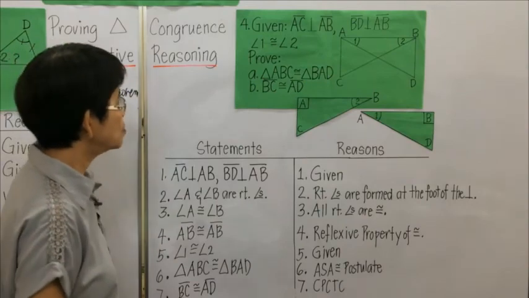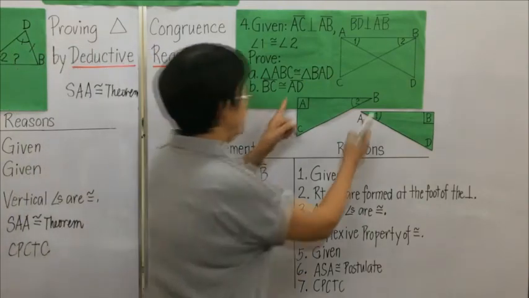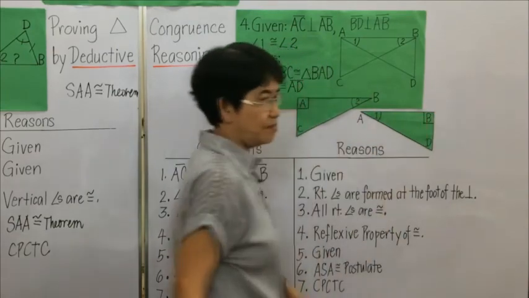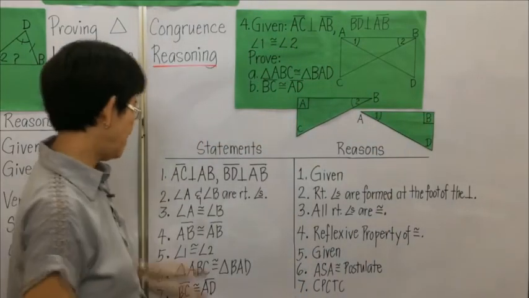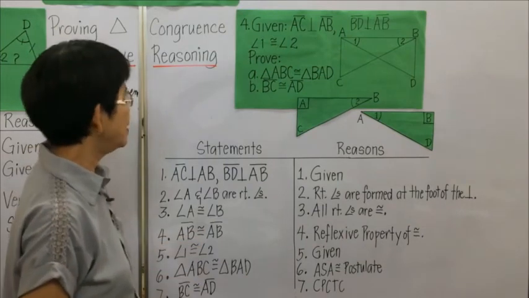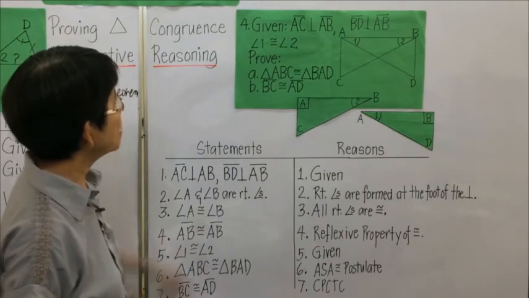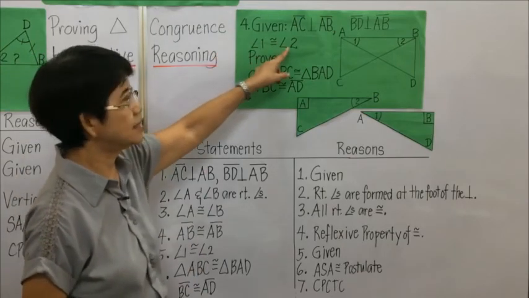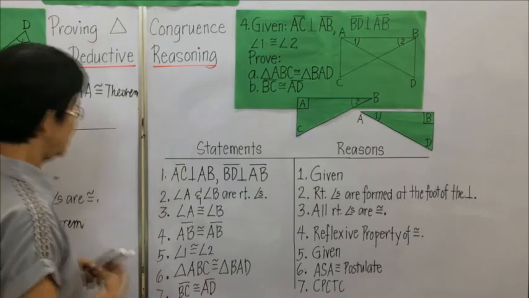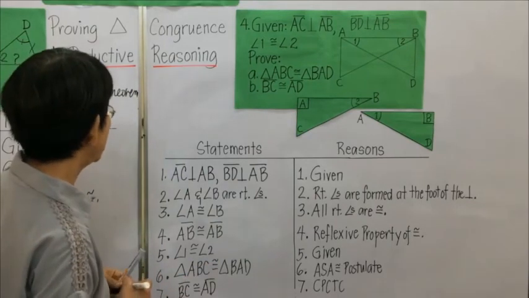Then we can assume also that AB, which is the same line as the AB here, is congruent to itself by the reflexive property. And then we're given that angle 1 is congruent to angle 2, so we put it here. And let's mark the parts.